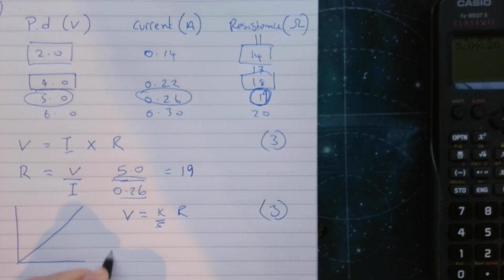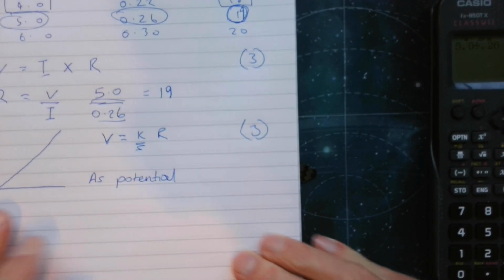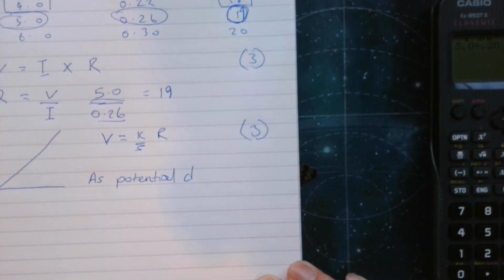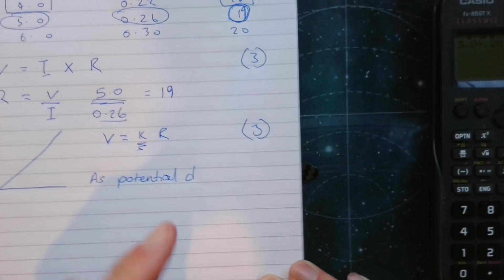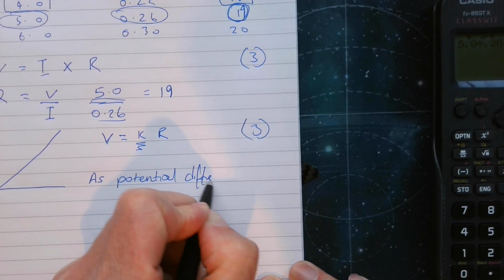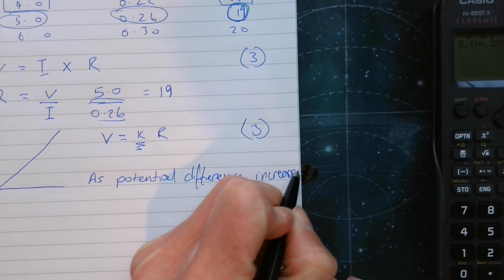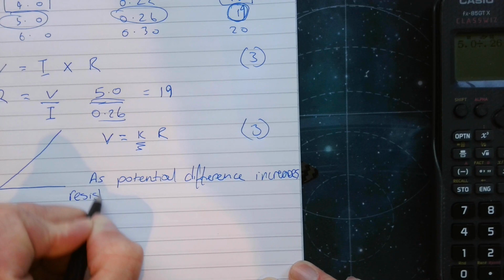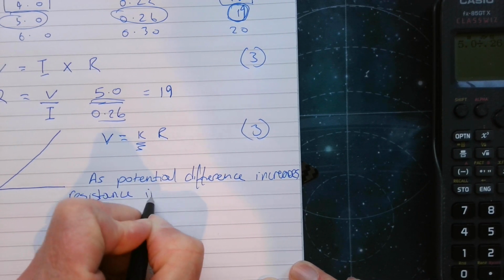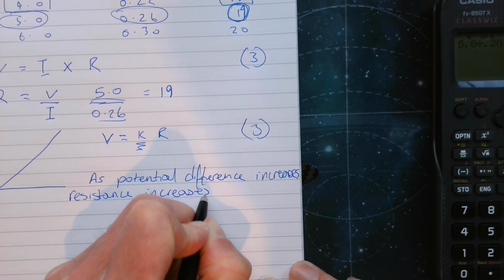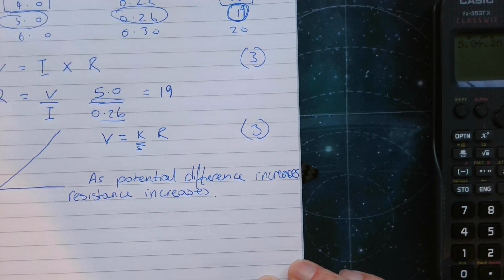So first of all, we're going to say as potential difference increases, resistance increases. So one goes up, so does the other. However, there is not a doubling in this example, and what we want to do is make sure that we're demonstrating that that's the case, or that's not the case.